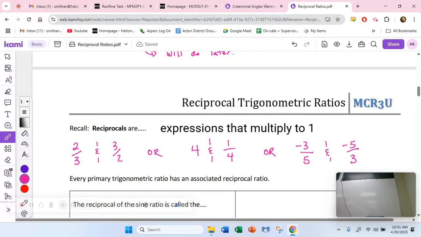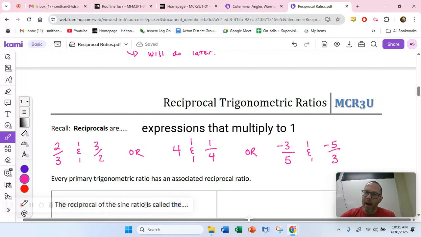But using the definition, if you multiply these two together, you get 15 over 15, you get 1. So when you're taking a reciprocal, don't change the sign. It's just flip. So when you think reciprocal, and I'll just add in brackets here, you can just think loosely of the word flip. Okay?